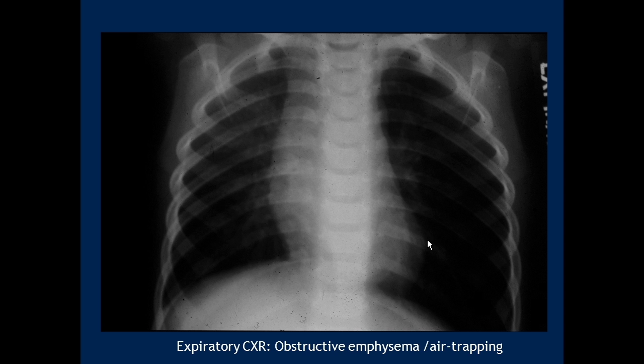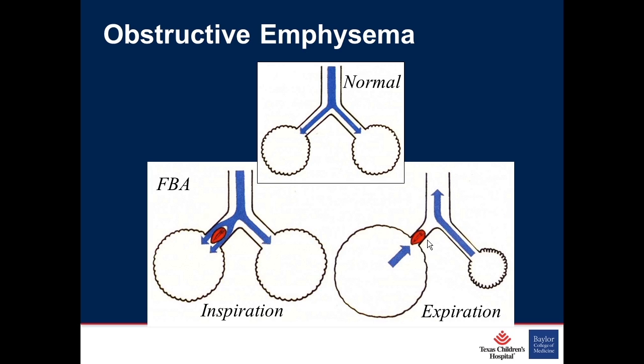So even though you can't see the foreign body, you know there must be something obstructing on the left side because there's air trapping. The reason behind this is a normal trachea and bronchi and breathing mechanism.